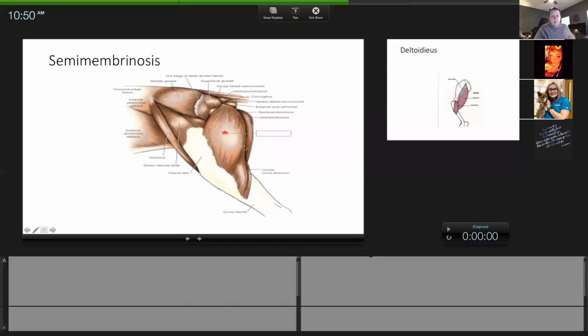You've got semimembranosus and tendinosus here. On the inside of the lower leg, and it's not great on this picture, I'll try to see if I can find another picture, we have our gastrocnemius, okay? And I talked about gastrocnemius as being this right here, where the leg cuts off on this picture. This right here is your calcanean tuberosity.